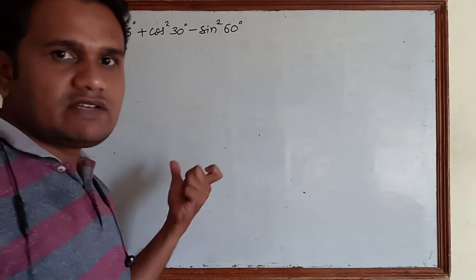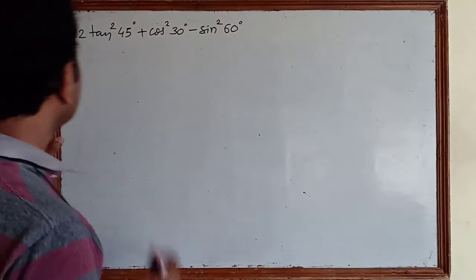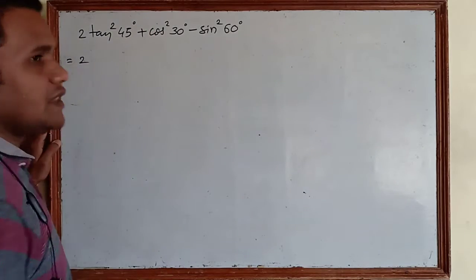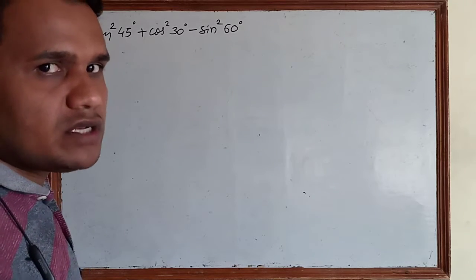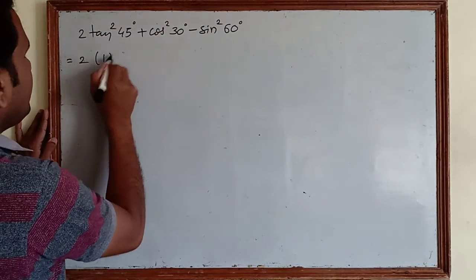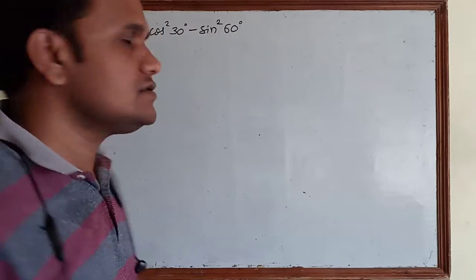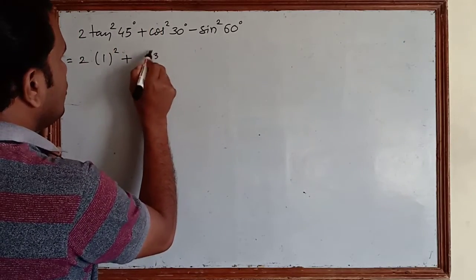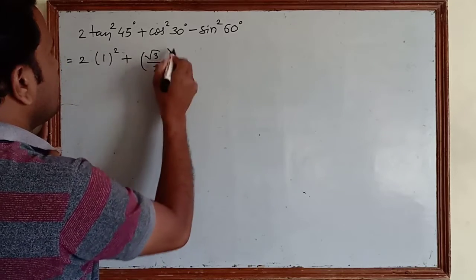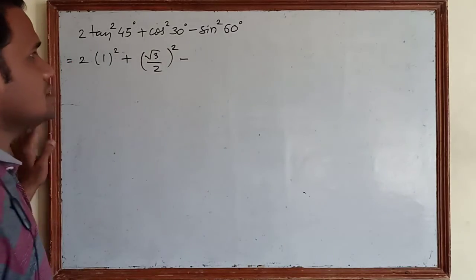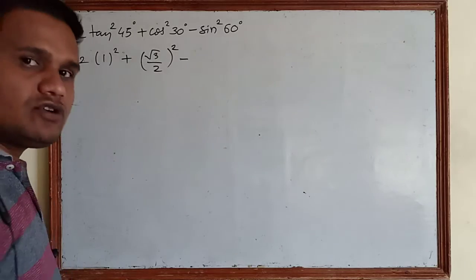Okay students, this is our question number 2. Now we have 2 tan 45. Tan 45 is 1, so tan square 45 will be 1 square. Cos 30. Cos 30 is root 3 by 2, its square in this way, minus sin 60, root 3 by 2.